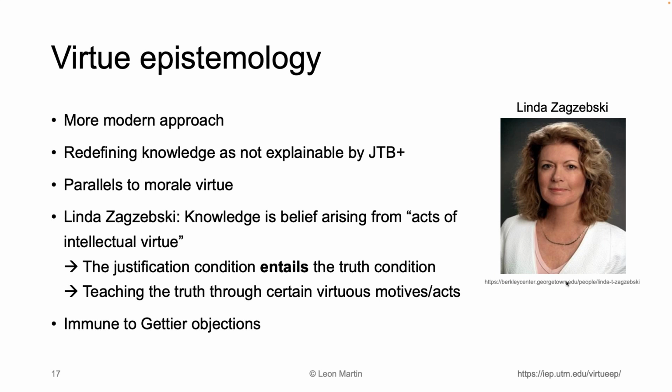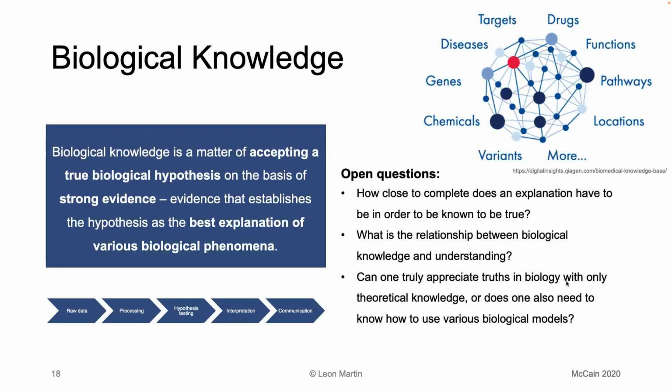So let's see how biological knowledge can be defined with this justified true belief notion. So biological knowledge is a matter of accepting true biological hypotheses on the basis of strong evidence that establishes the hypothesis as the best explanation of various biological phenomena.